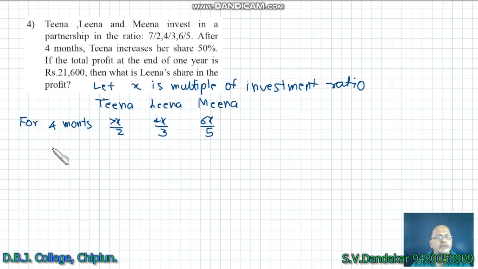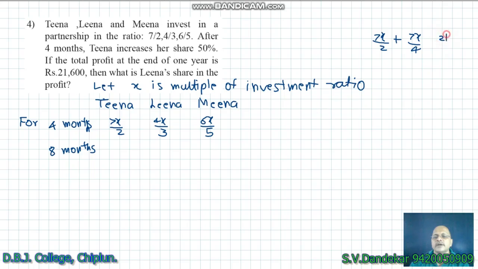For the remaining 8 months, Tina increases her share by 50%. So 7x by 2 plus 50% of this, that is half of it, 7x by 4.